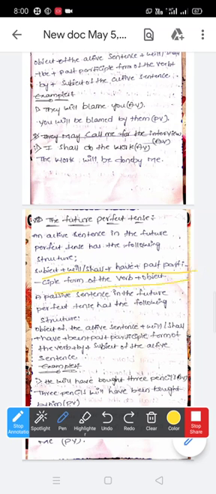Passive sentences in the future perfect tense have the following structure: object of the active sentence plus will, shall plus have plus been plus past participle form of the verb plus by plus subject of the active sentence.